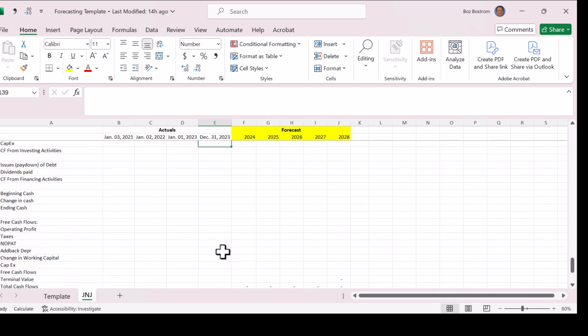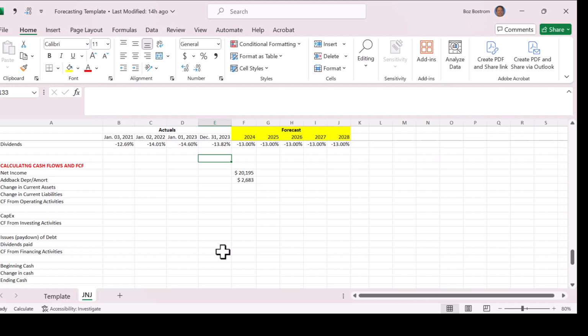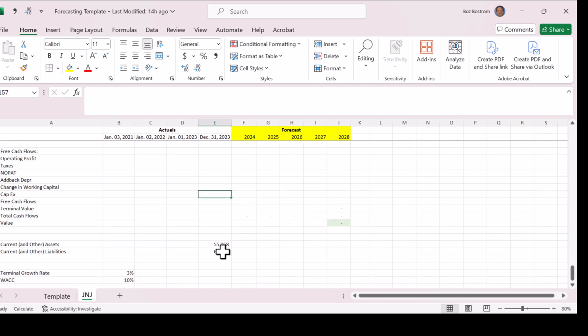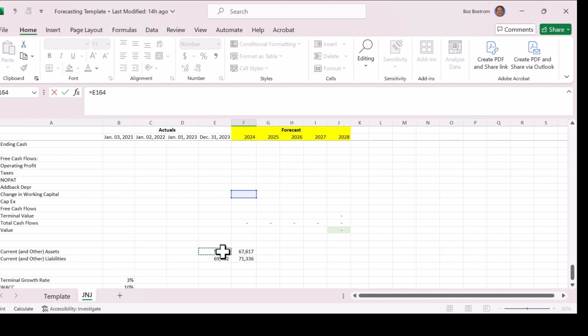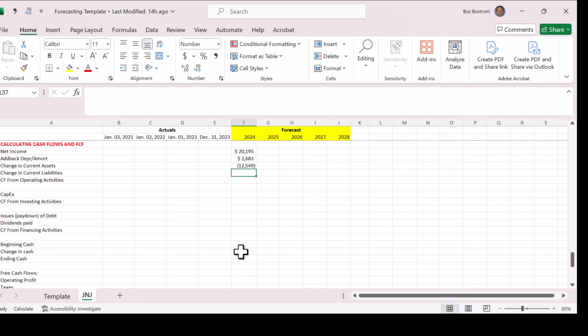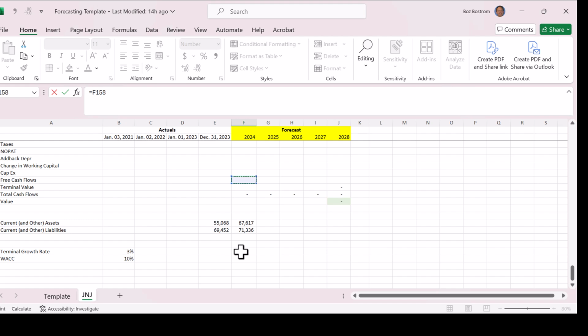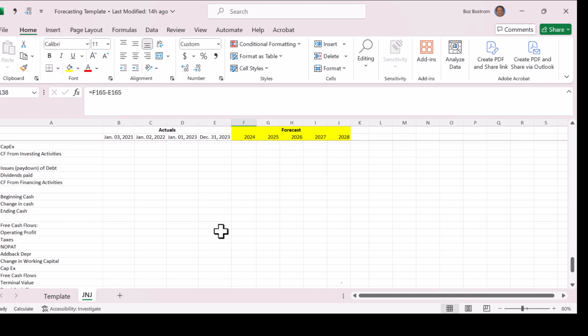So when I go back up to my statement of cash flows, right here, I can actually just take these and I can paste these over with a Control R. Okay, so it's going to that next column right there. But when I go up to the statement of cash flows, my change in current assets equals prior minus current, E164 minus F164, liabilities equals current minus prior.